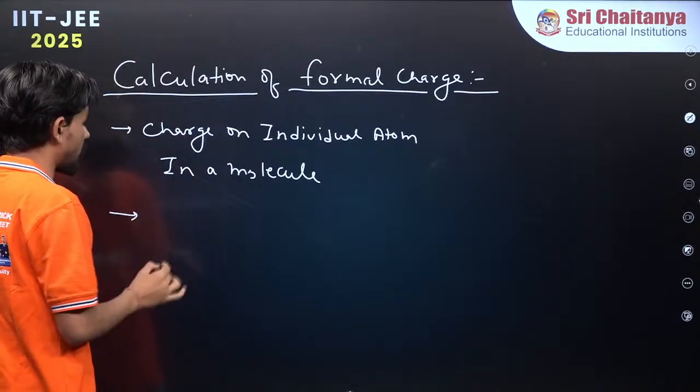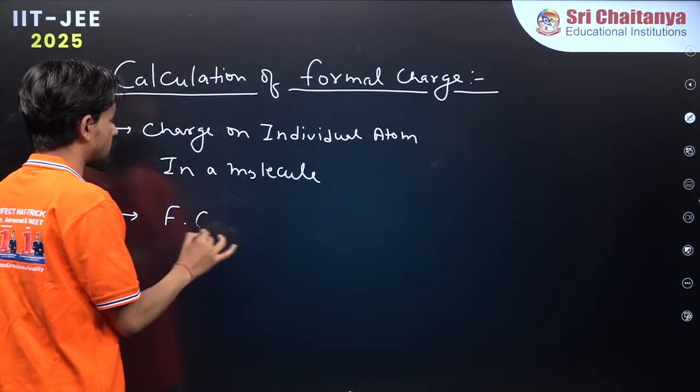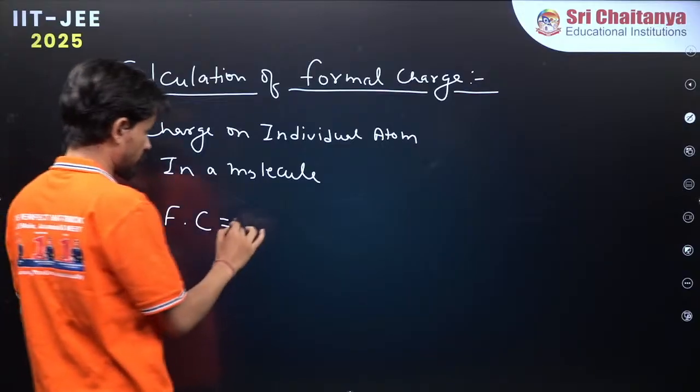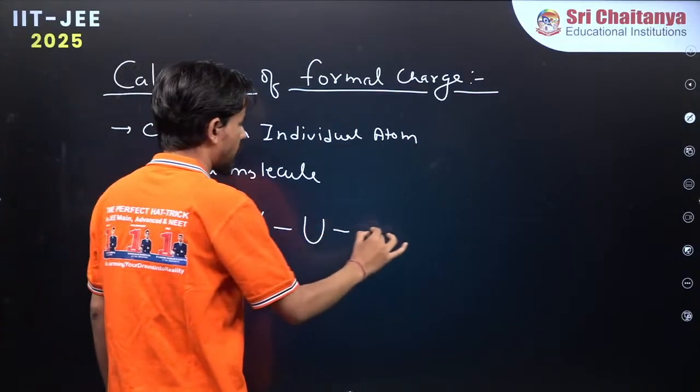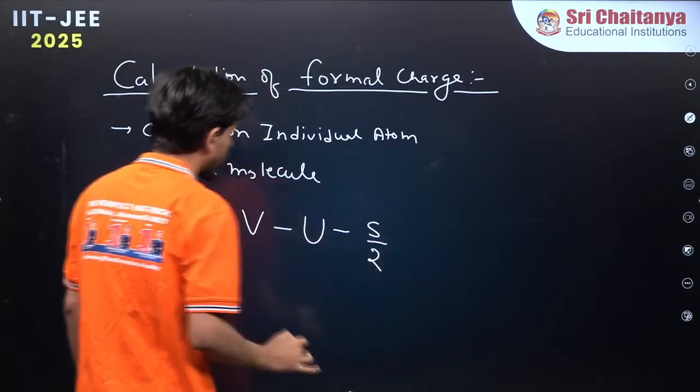Its formula is: formal charge is equal to valence minus unshared minus shared by 2.